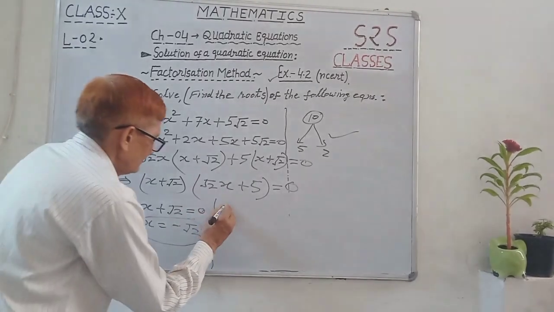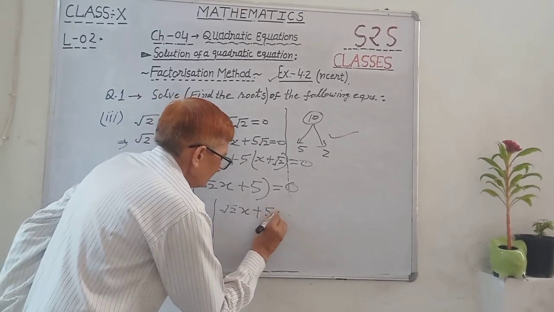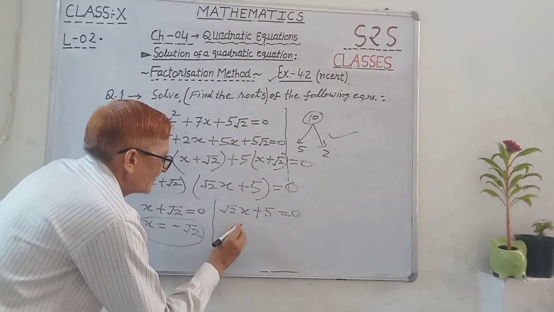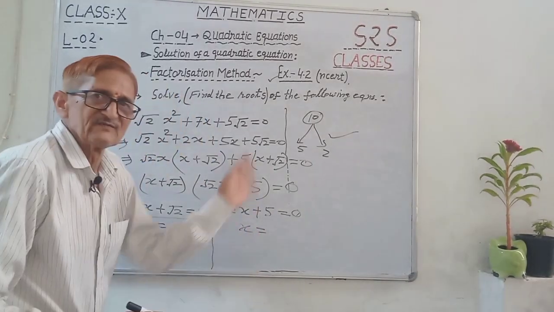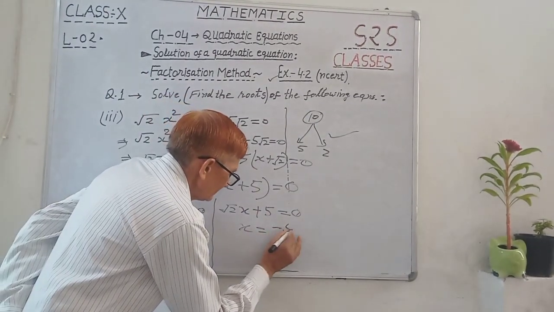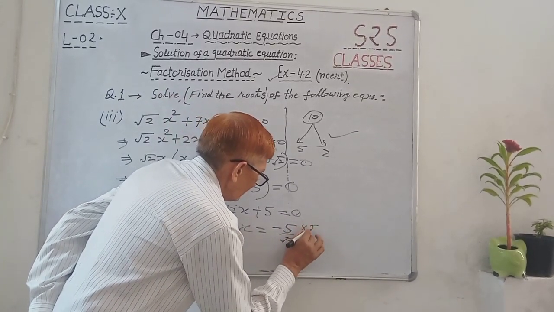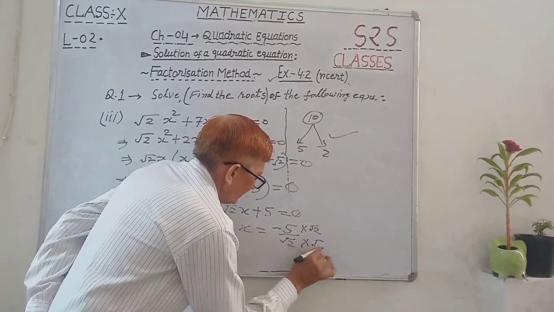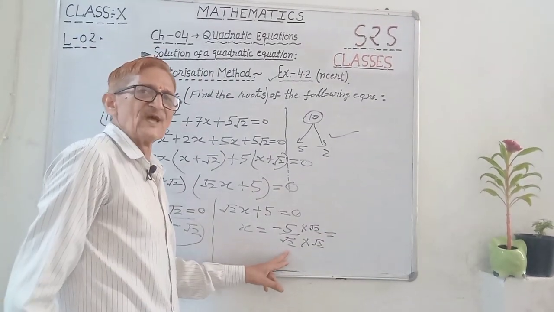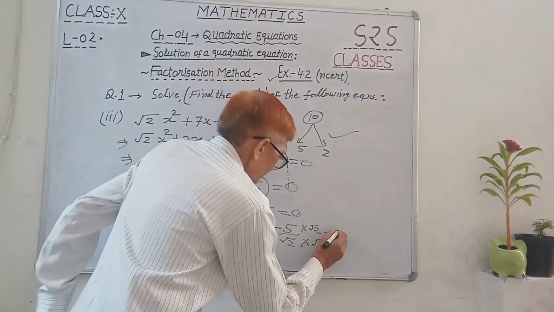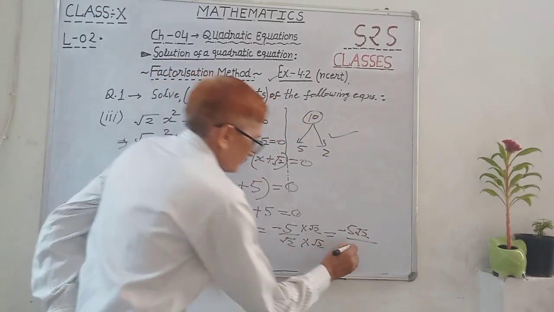From root 2x plus 5 is equal to 0, x is equal to minus 5, as 5 goes to that side, divided by root 2. Multiply by root 2 to make the denominator rational. It is an irrational denominator, so make it rational by multiplying the same in numerator and denominator. Then minus 5 root 2 upon root 2 into root 2, which is 2.